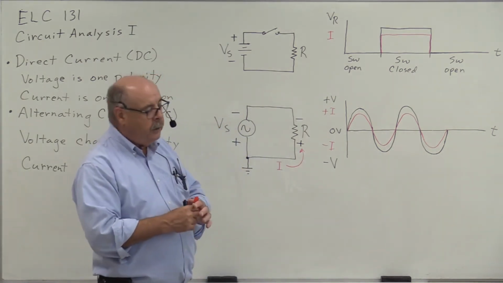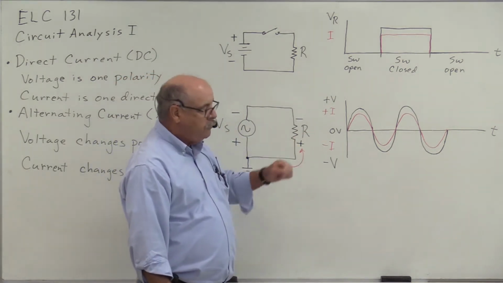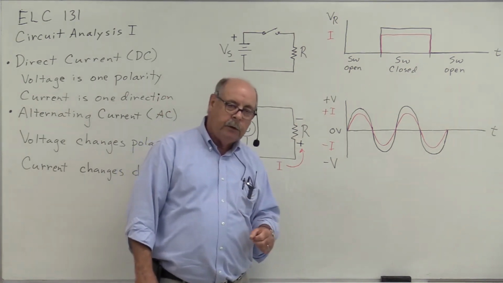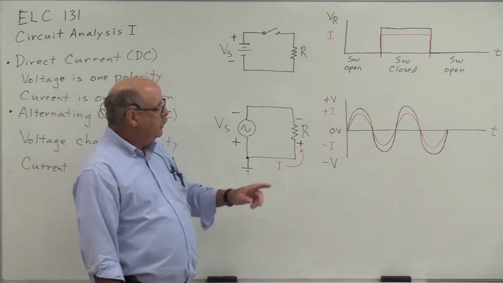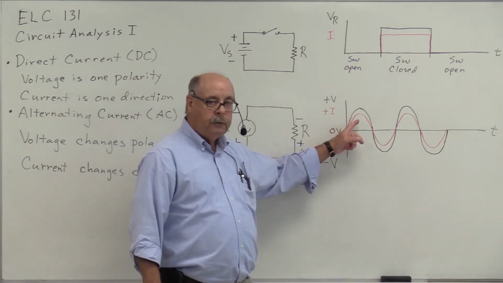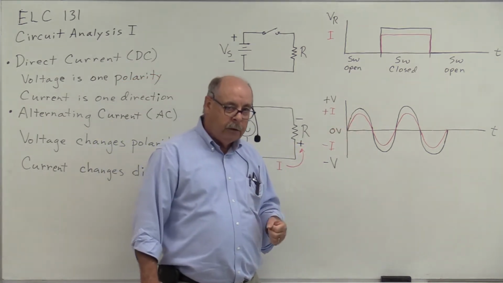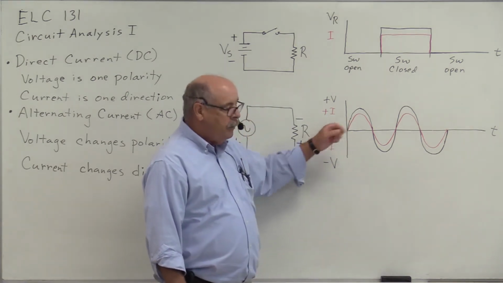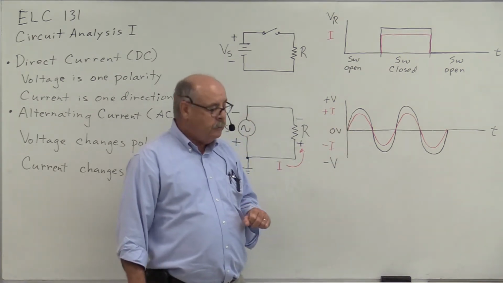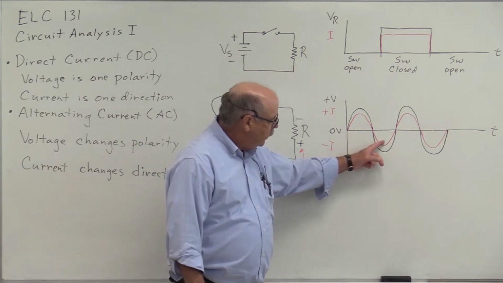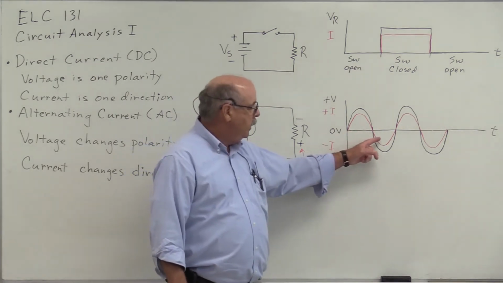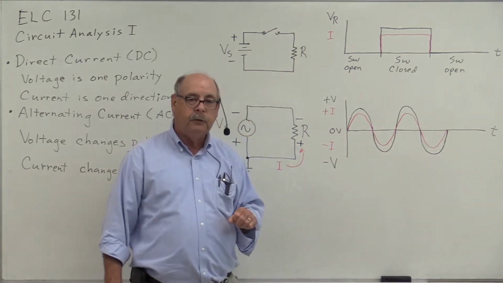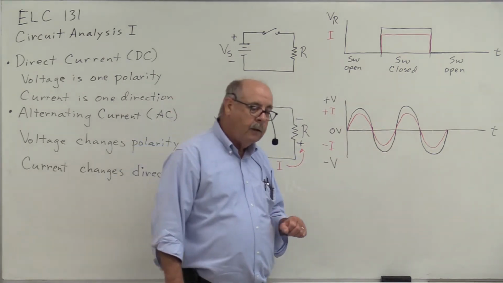So with alternating current, the voltage source, the resultant current, and the resultant voltage drop in the circuit change direction when we talk about current, and change polarity when we talk about the voltage, so that during one period of time, current flows in one direction, during another period of time, current flows in the other direction.